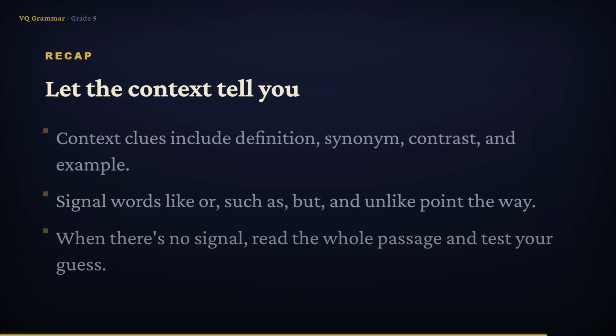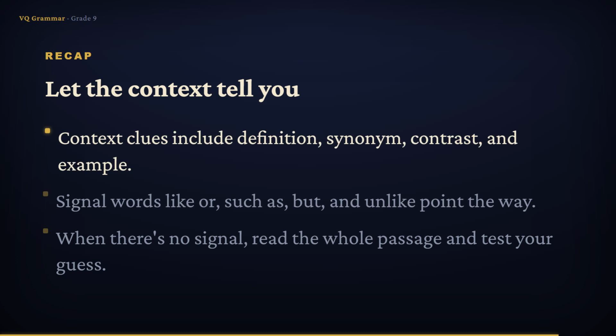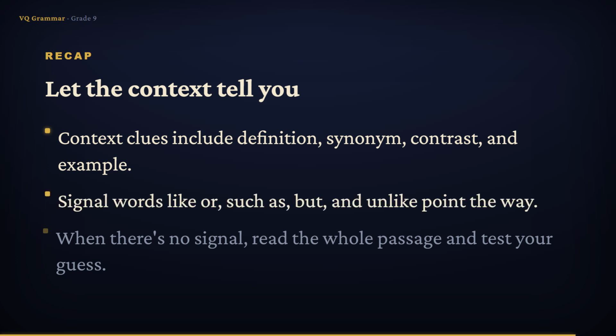Let's gather up what we learned. When you meet an unfamiliar word, the context, the words and sentences around it, is often quietly offering you its meaning. You saw 4 kinds of clues: a definition that restates the word, a synonym placed right beside it, a contrast that points to the opposite, and an example that shows a familiar case.